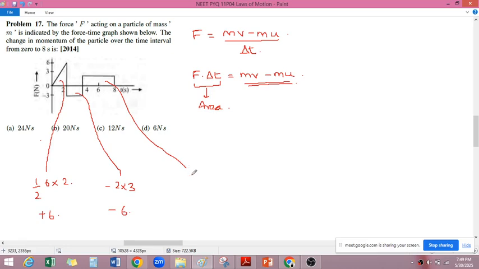This area, it will be 8 minus 4, so it will be 4 into, I'm not sure, I saw that the solution is not correct. So I think the diagram is having some trouble. So let me check that. Yeah, I think the diagram is wrong. So let's take it up to 3.